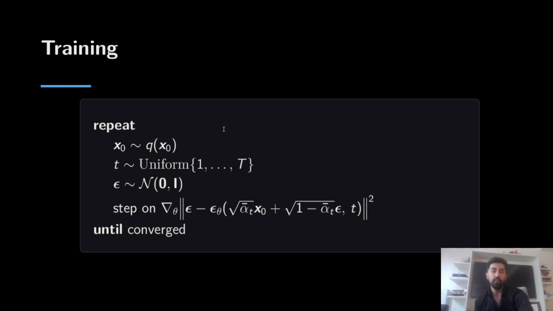We have no discriminator here, no adversarial game like in GANs, just one mean squared error. And each training step handles exactly one timestep. So at one timestep, we go forward in one step, and we just teach the model at that timestep how to undo the noising.